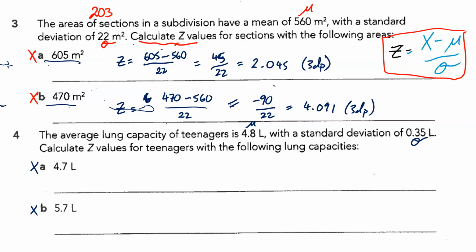So the next thing we need to do is Z from the formula is equal to x, which is 4.7, take away the mean, which is 4.8, divided by the standard deviation, which is 0.35. So 4.7 take away 4.8 is minus 0.1, divided by 0.35. So quickly do that on our calculators.